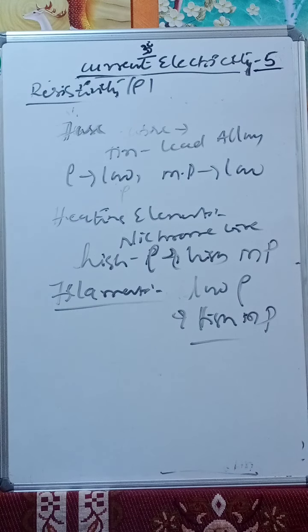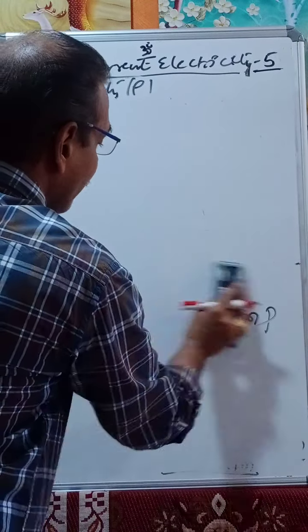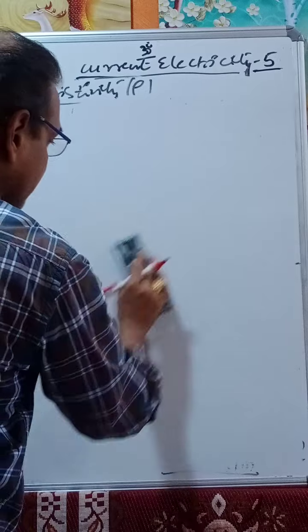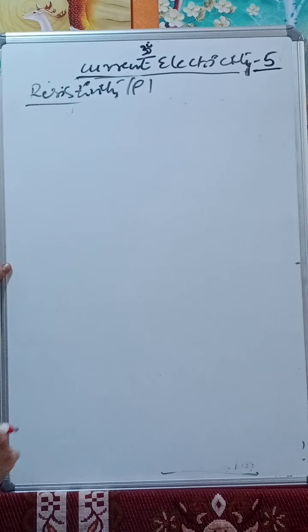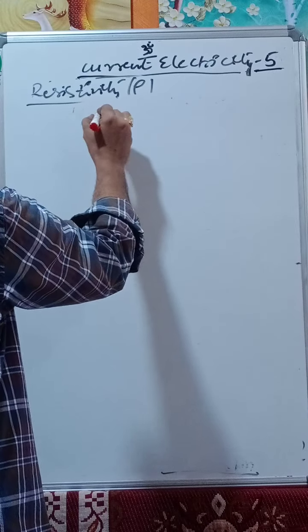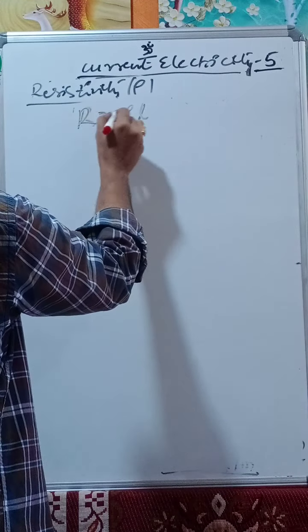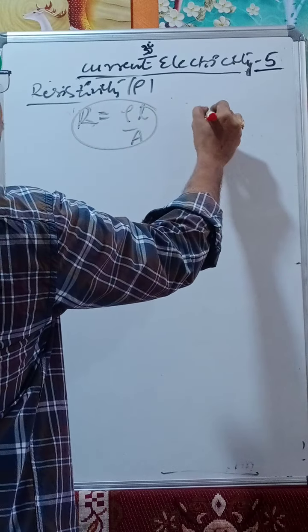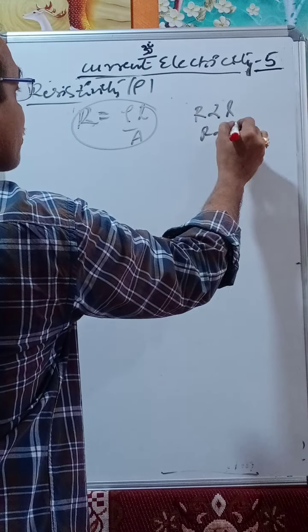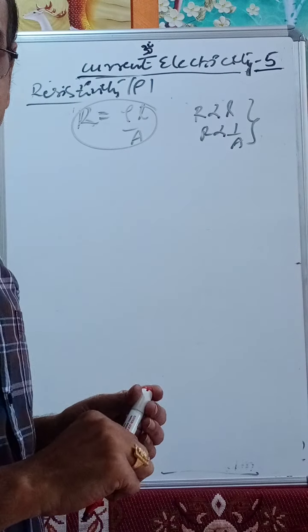Now, how the resistivity varies. I told you that R is equal to rho L by A. We derived this, and I told you R is proportional to L and R is proportional to 1 by A. These are correct if you consider two different conductors.